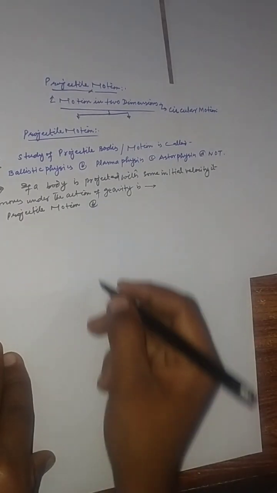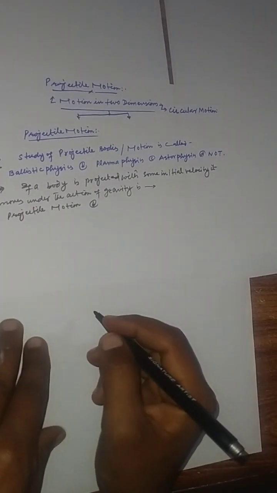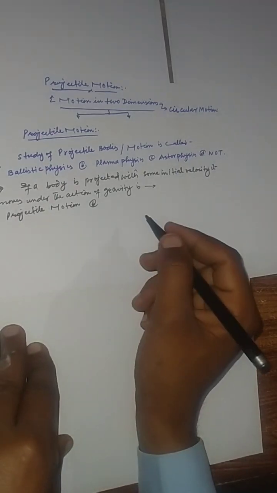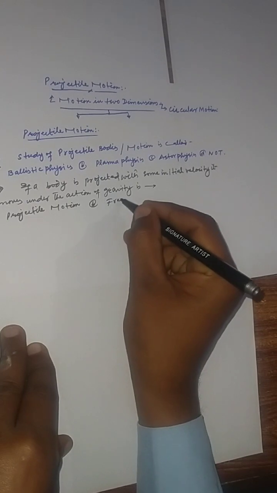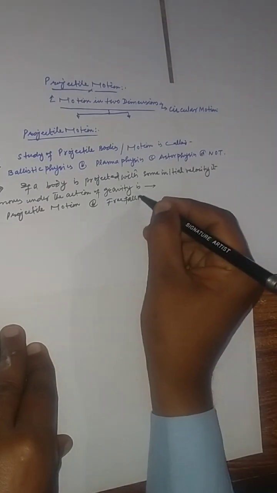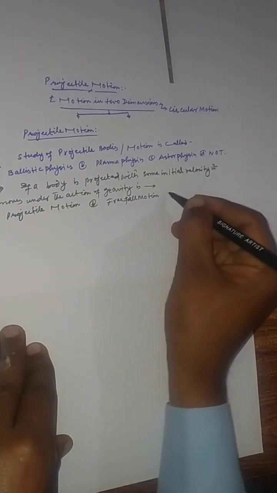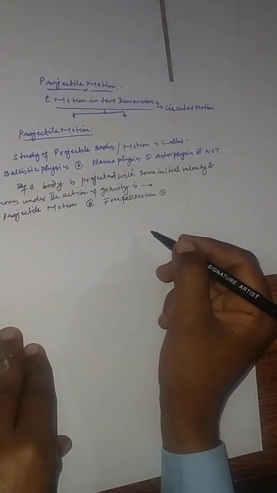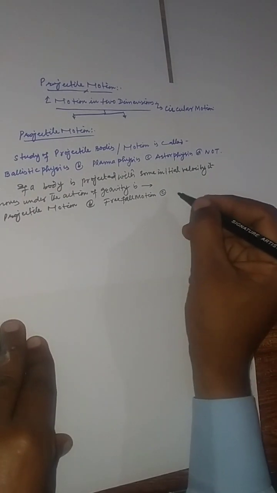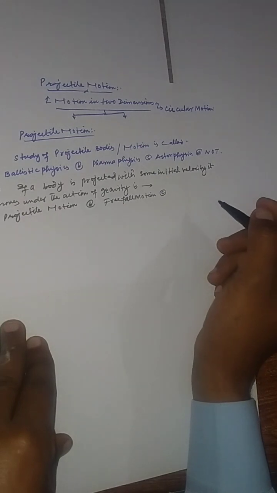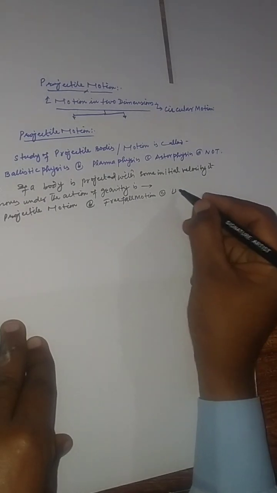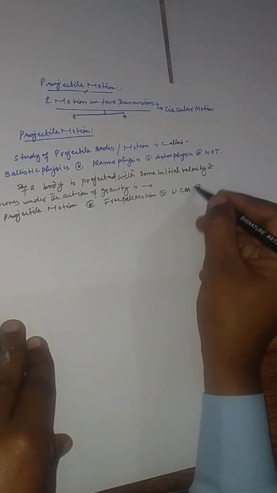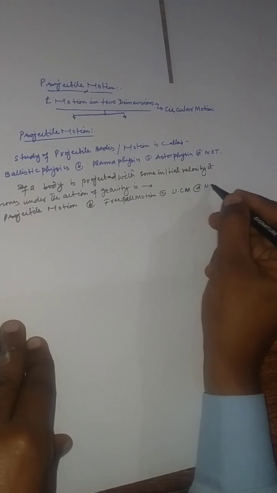Or we say free fall motion, or option C, projectile motion, or UCM, D, none of these.